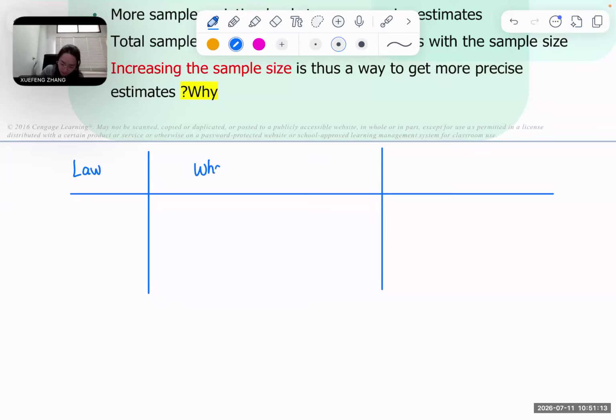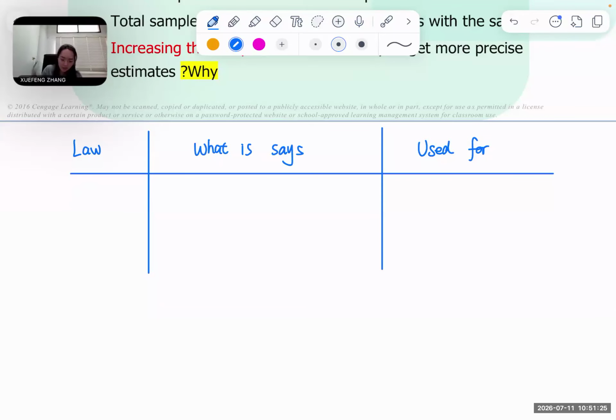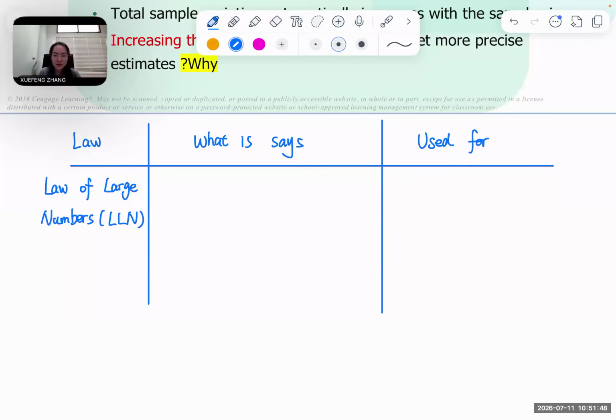The first one, the law of large numbers, LLN.